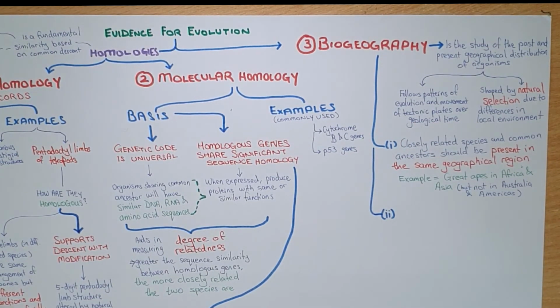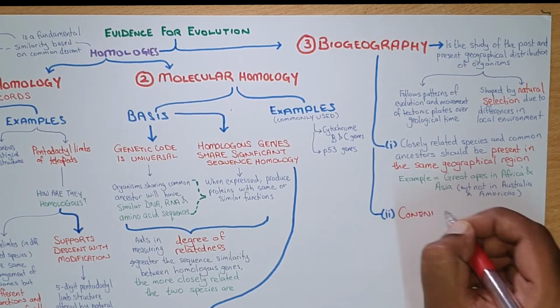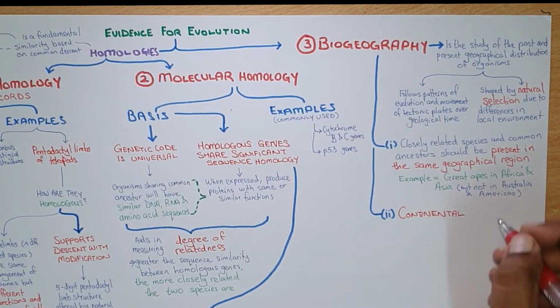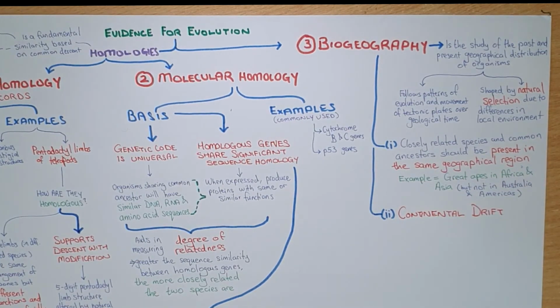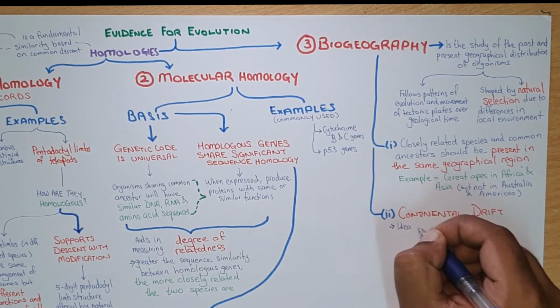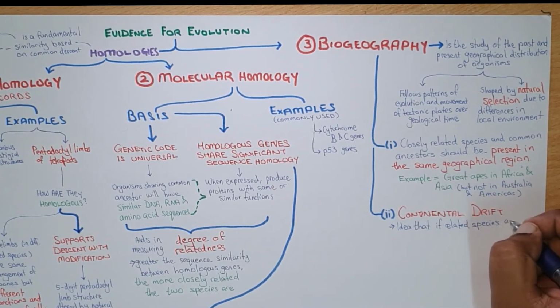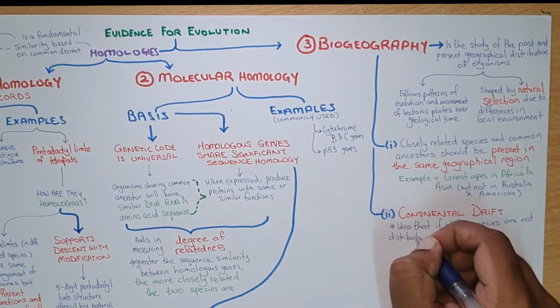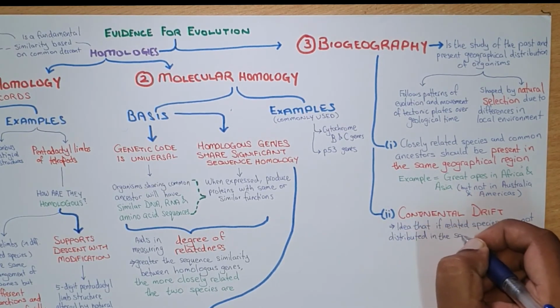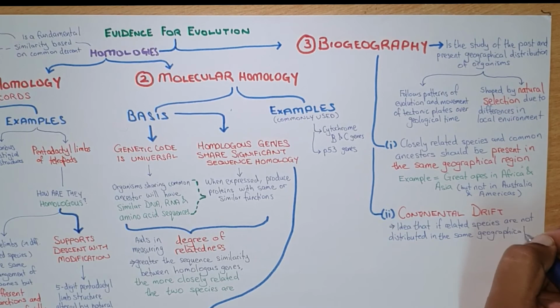So the second idea boils down to that of continental drift, and it's actually quite linked to the previous idea that we talked about, having the same geographical region. Continental drift is the theory that if related species are not distributed in the same geographical region, they tend to be older, and continental drift can explain it.